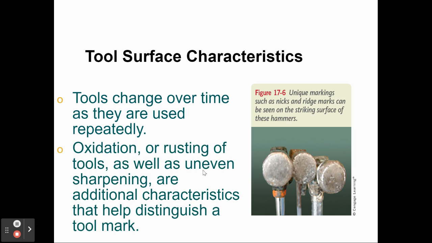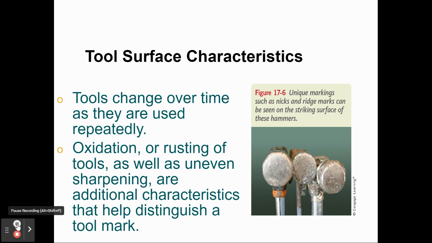All right. So in addition to using them, as we sharpen tools, as we allow those tools to rust or whatever, all of these events help to shape what that tool looks like. And again, for a tool mark examiner, that gives them more criteria, more characteristics, very individualizing identifying features for them to be able to point to say, yes, this tool mark and this tool are very, very, very similar.